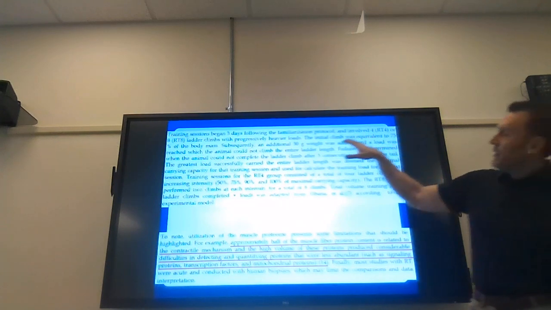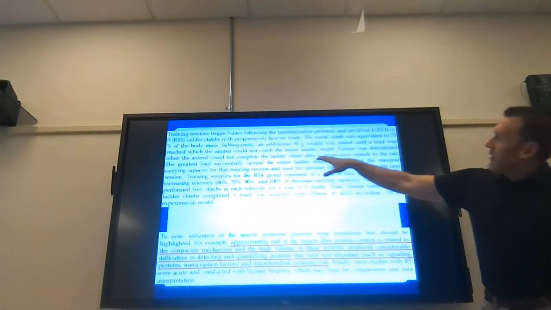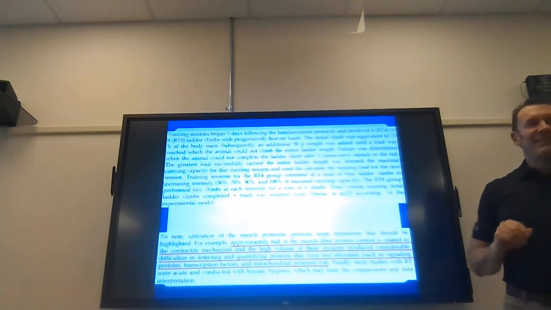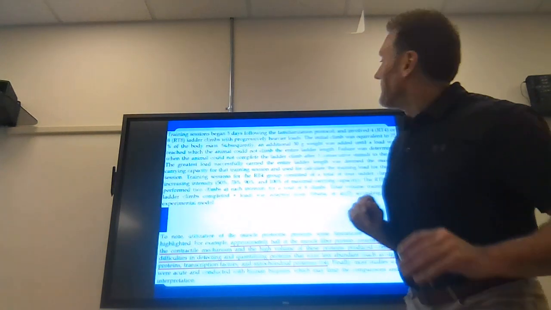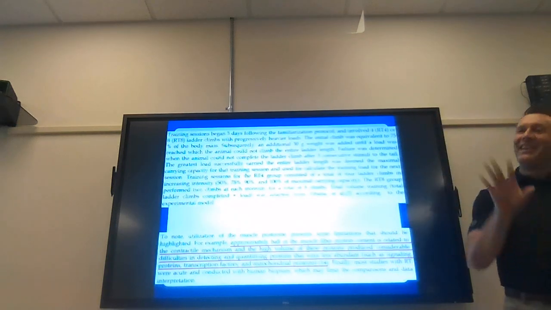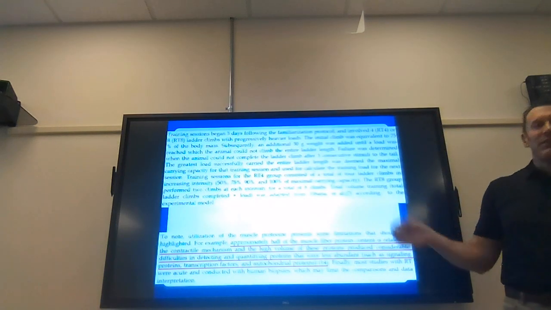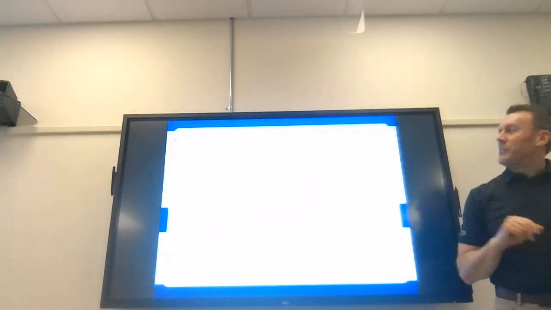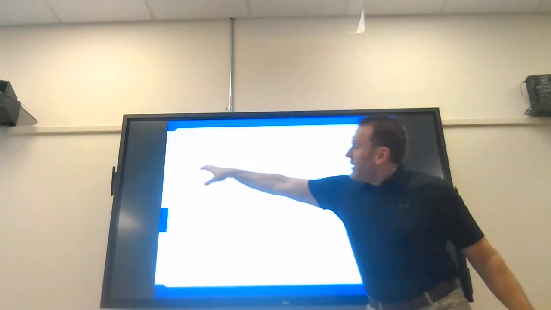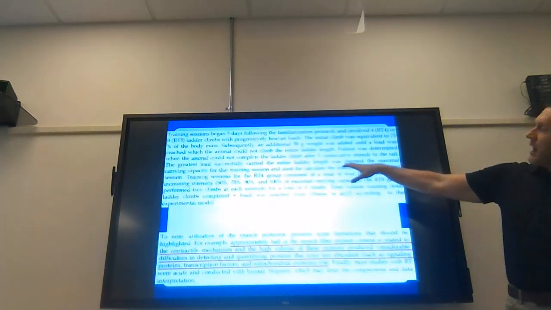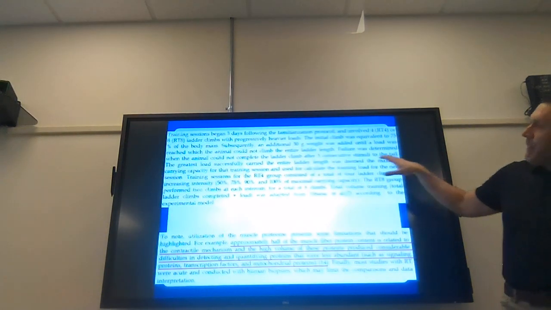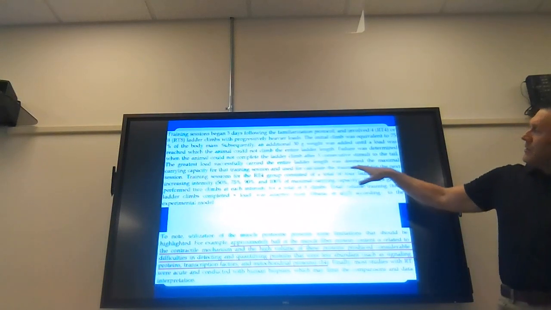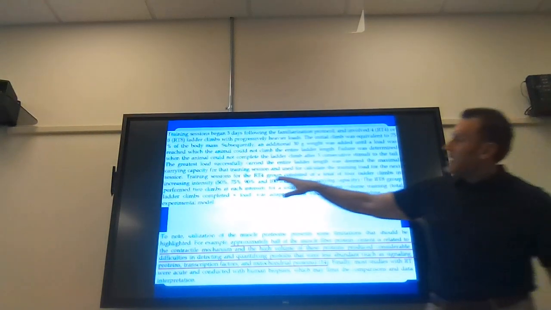Okay, failure was determined when the animal could not complete the ladder climb with 3 consecutive stimuli to the tail. So, animal research. I'm sorry, just trying to present an example here. So they were basically stimulating the tail to get the animal to climb the ladder. The greatest load successfully carried the entire ladder length was deemed the maximal carrying capacity for that training session and used to calculate training load for the next session.